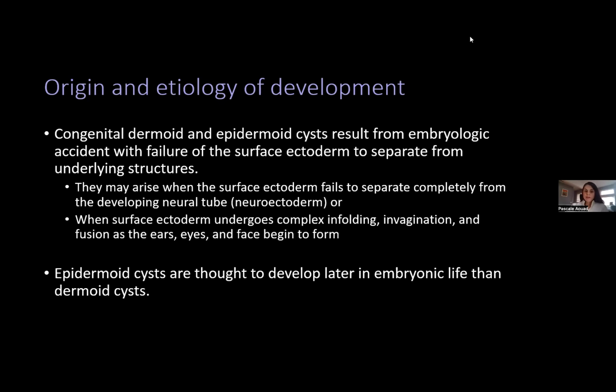The epidermoid cysts are thought to develop later in embryonic life than dermoid cysts, because they have a less complex appearance. We believe that they develop at a later stage when the cells are committed to a single cell type, as opposed to dermoid cysts, where we believe that the cells are still pluripotent and able to give rise to the other parts of the cyst.